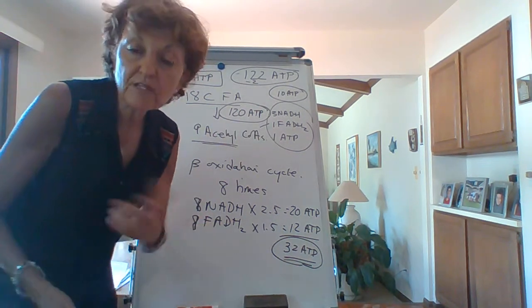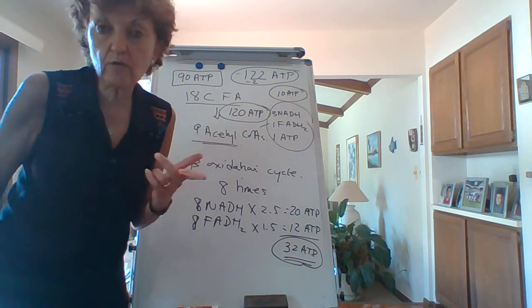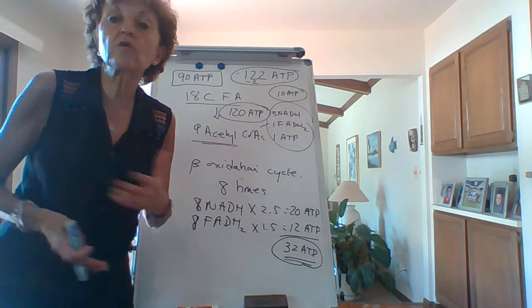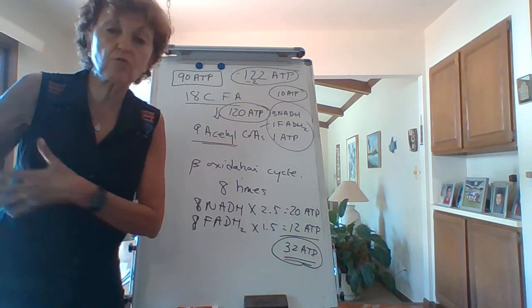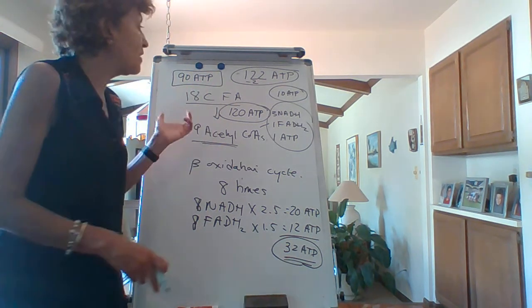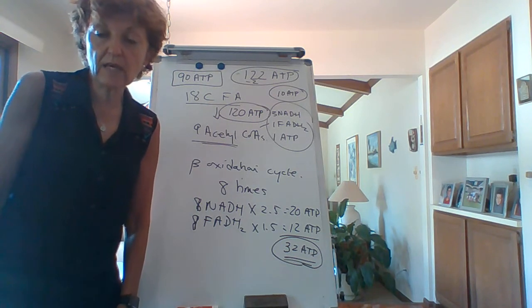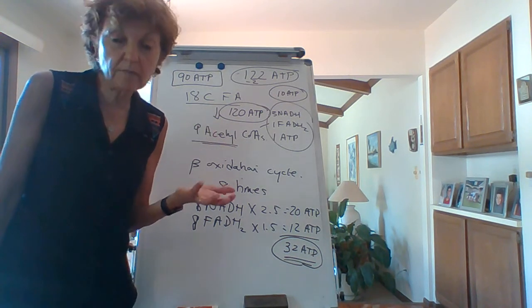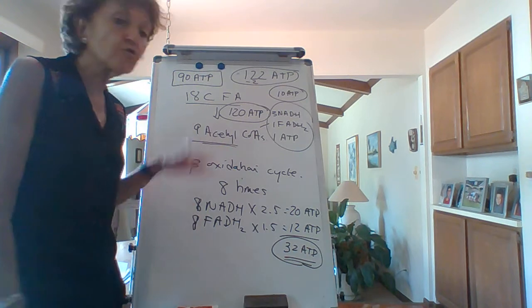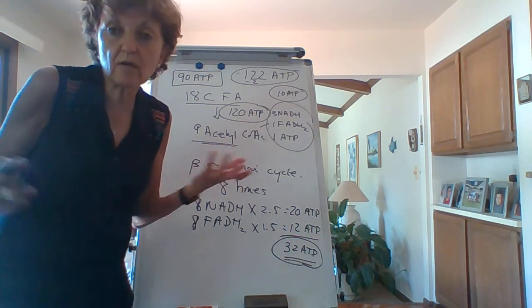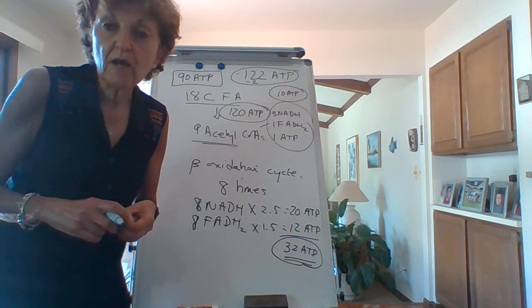Remember how we did all of this with 1 glucose molecule? 1 glucose molecule could give you a total of 30 ATPs through all of this stuff. Well, 1 fatty acid that's 18 carbons can give you 120 ATPs. So it depends on how many carbons are in the fatty acid. You should hopefully be able to figure it out depending on what fatty acids you have.